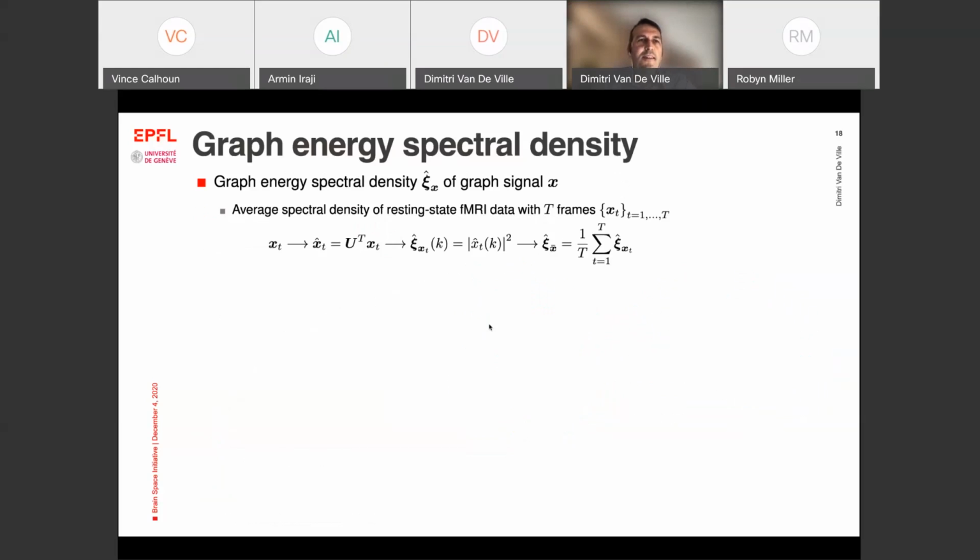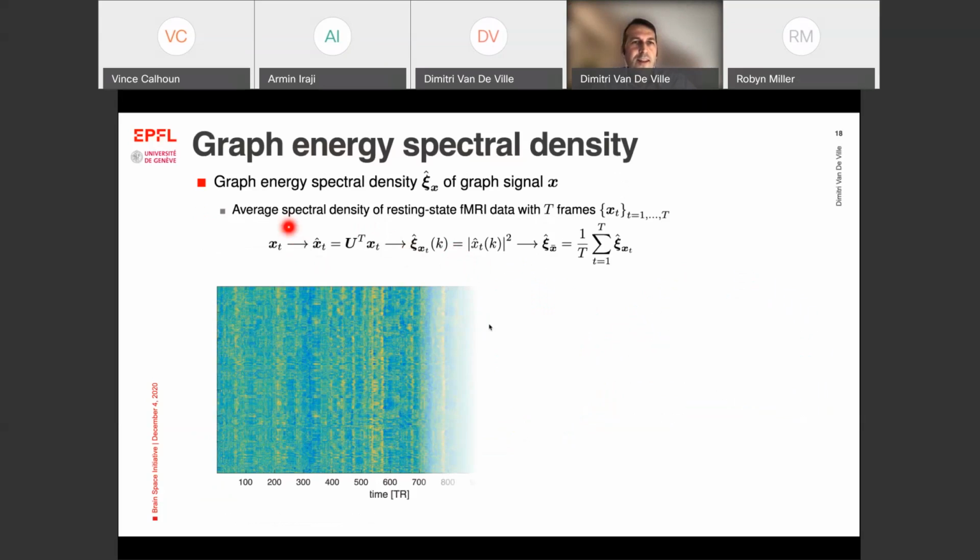So the first thing we did is simply looking at what the graph energy spectral density is if you apply the graph Fourier transform to the fMRI resting state data. Very easily, we take each fMRI activity pattern, we compute its graph Fourier transform, we square the spectral coefficients, and we average over all time points.